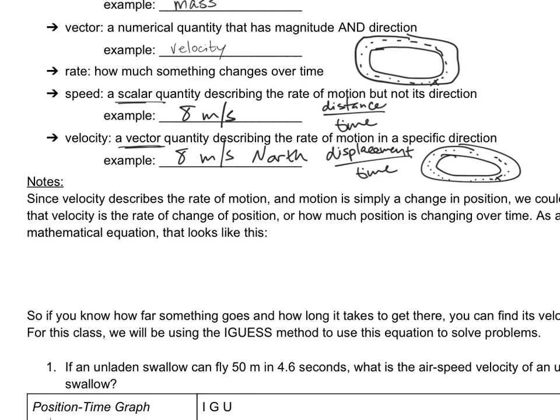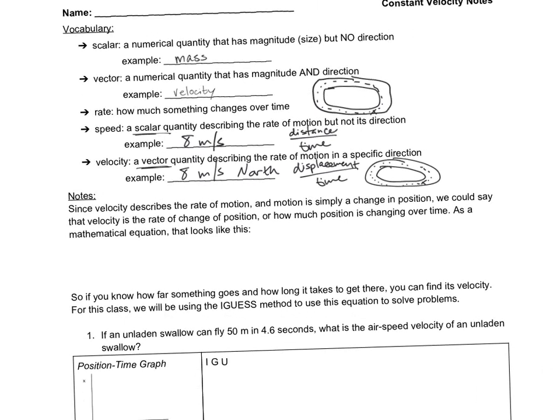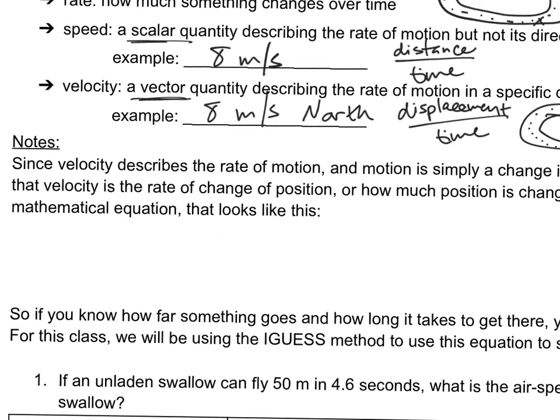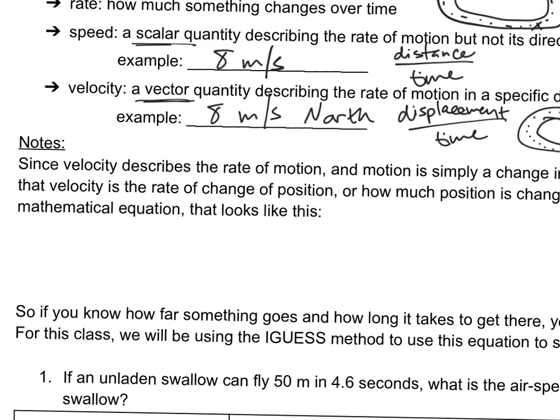All right, so now on to the actual notes part besides vocabulary. We know that velocity is describing a rate of motion, and motion is just a change in position. So velocity could be defined as the rate of change of position, or how much position is changing over time. And if you put that in mathematical form, you get something that looks like this. Velocity, which is going to be a lowercase v, equals delta x.